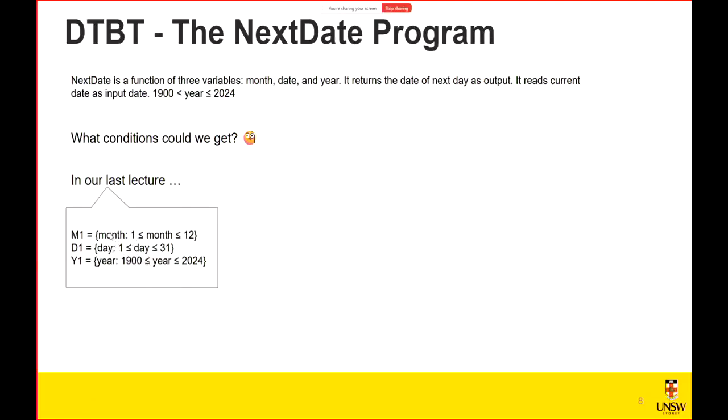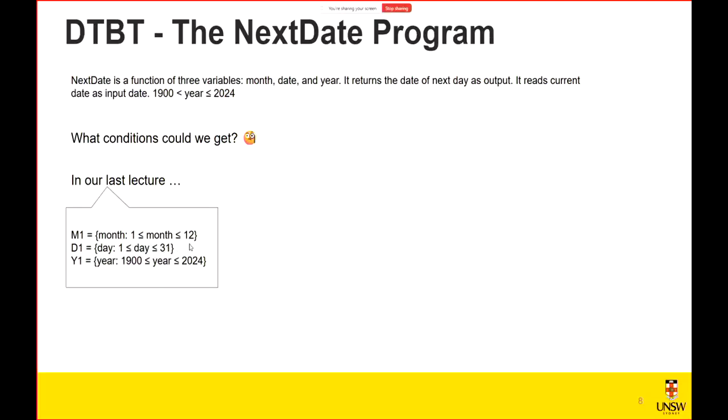These are the conditions here, but as you can see, they are connected, or they have some relations between each other. For example, the range of days is actually determined by the month, right?